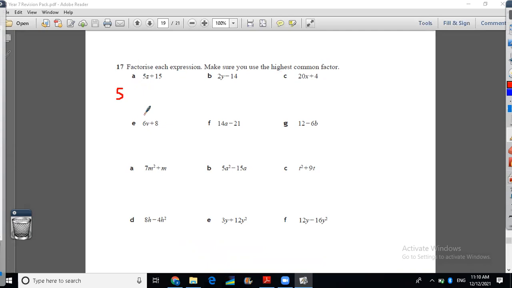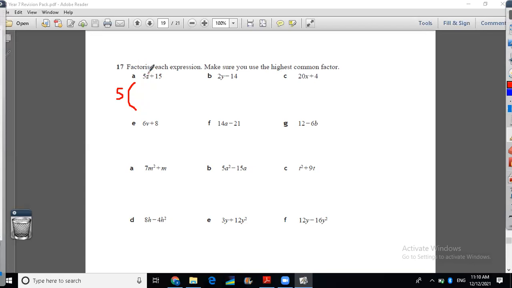No, only 5. Look at the variables. There is only a z here, and nothing here, no variables. So I cannot take any variable that is common? You cannot. So it is only 5 that is the highest common factor.